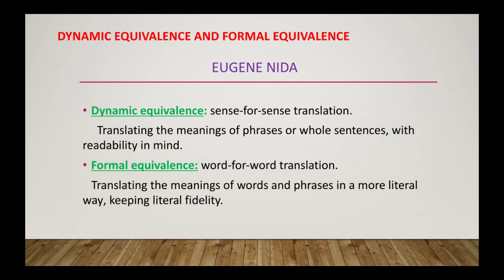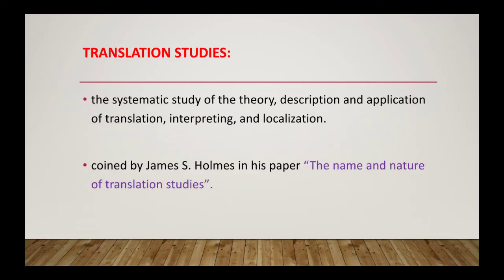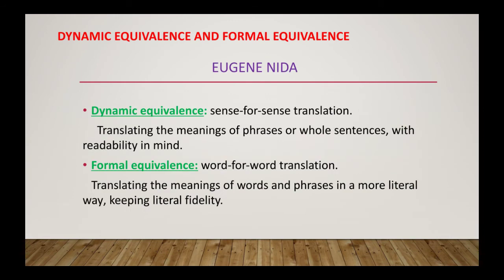So paraphrasing or word-to-word translation is the formal equivalence, while translating the content, keeping its sense intact, is the dynamic equivalence. So naturally, this dynamic equivalence is much more acceptable, and it keeps the essence of the translated text intact.